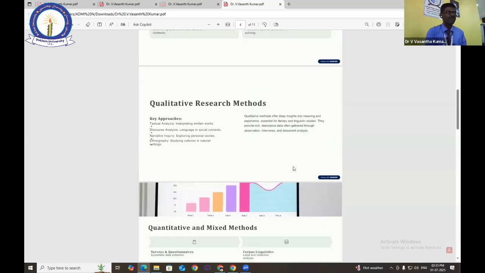So, qualitative research methods, I already mentioned. Textual analysis, interpreting written works, discussing the analysis, language in social context. If I'm going to start research in Canadian writing or Afghan writing, I'm going to study the primary text, which is directly written by the author. If I write a poem, I'm the primary writer.